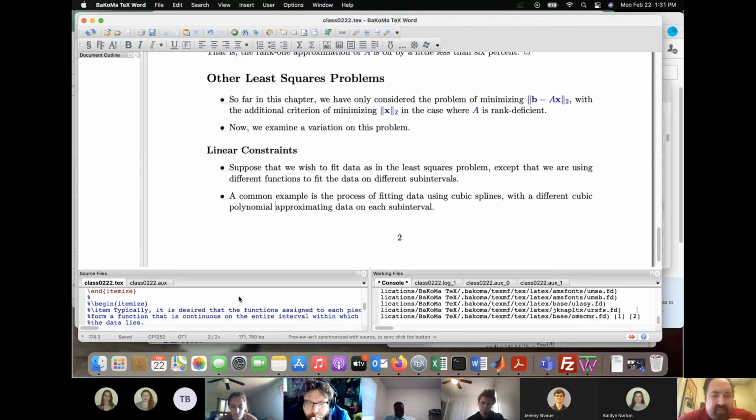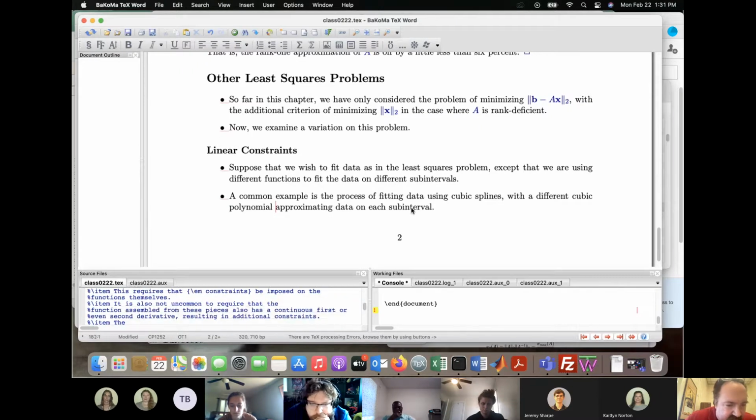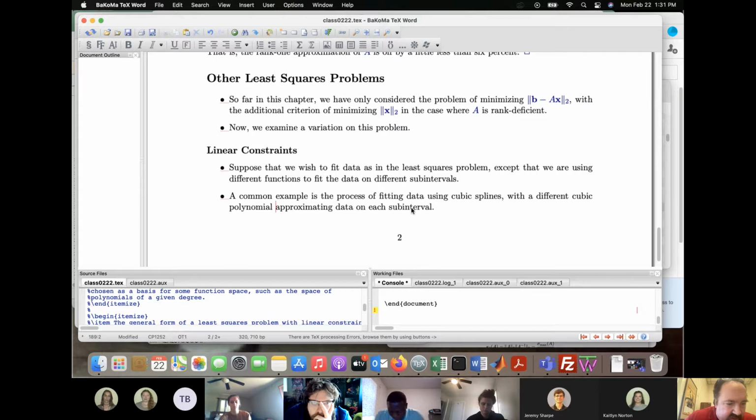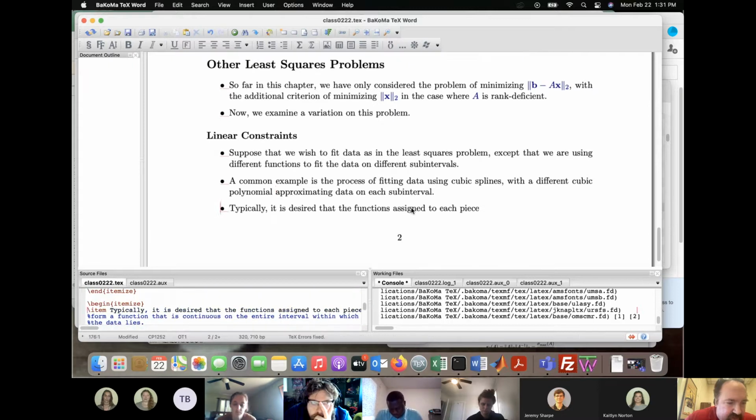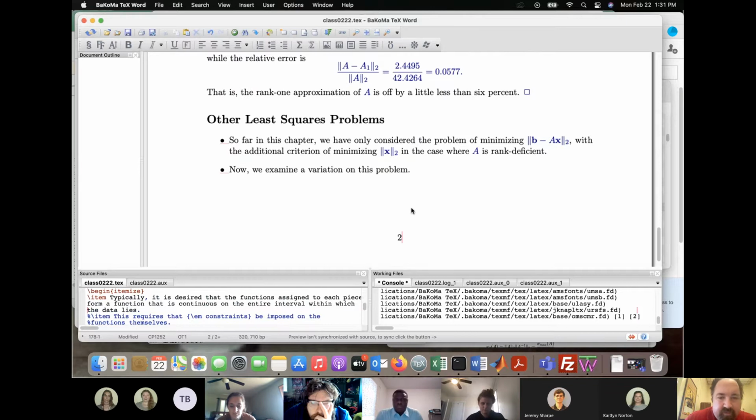What happens in that case is there are certain constraints that have to be satisfied, like using a different cubic polynomial on each subinterval, but they have to be continuous and have continuous derivatives. So that imposes constraints on the coefficients, because you want something that is a smooth curve, but also fits the data well.